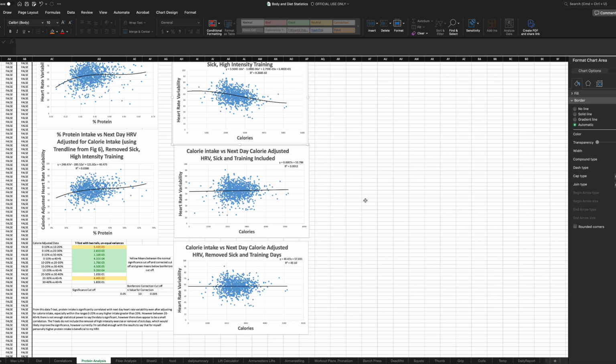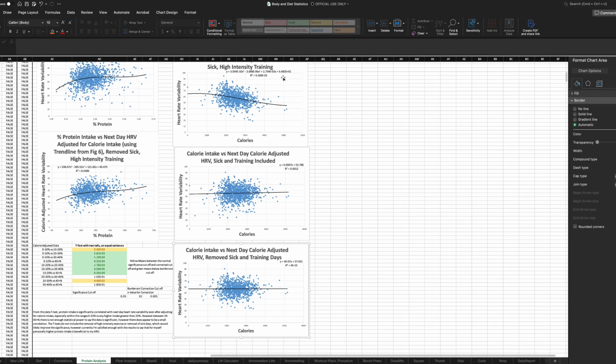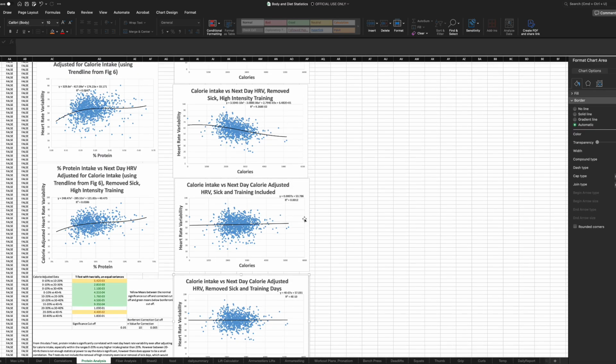These graphs aren't statistically useful. They're just a visual demonstration showing that the adjusted HRV actually adjusts for the calorie intake, right? And I put a linear one here because people hate things that aren't linear.